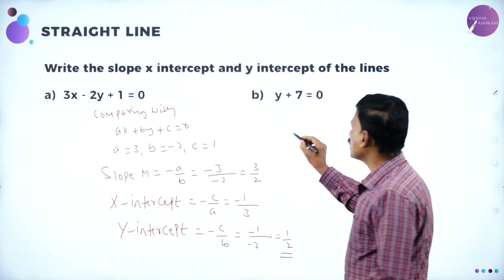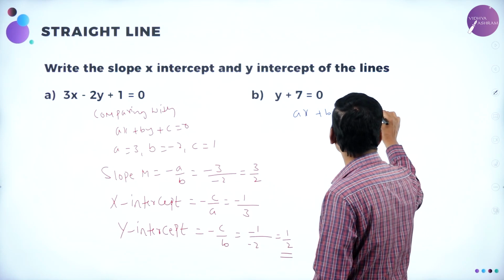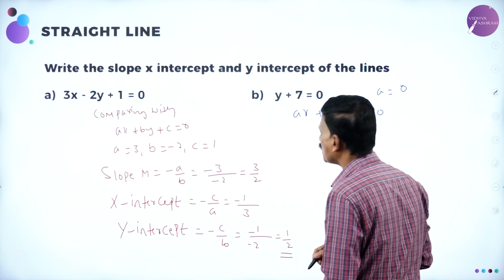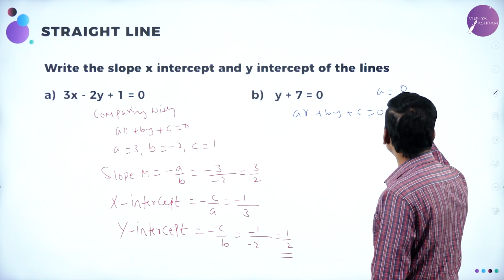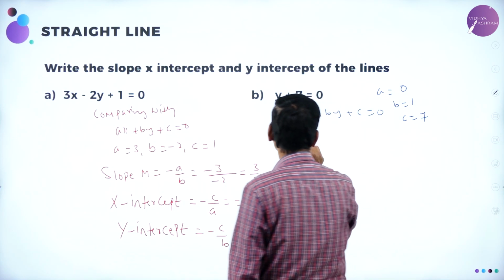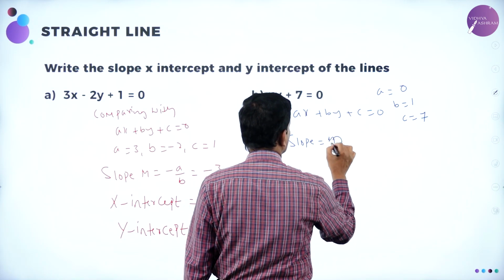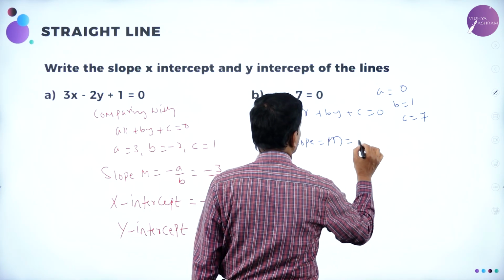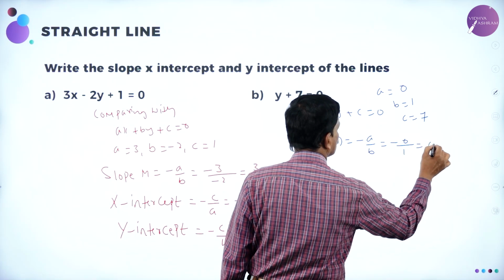Now comparing with ax plus by plus c is equal to 0. What is a? a is missing, so the coefficient of x is 0. And what is b? b is equal to 1. What is c? c is equal to 7. The slope m is equal to minus a by b. Minus of a is 0 by b is 1, that's equal to 0.